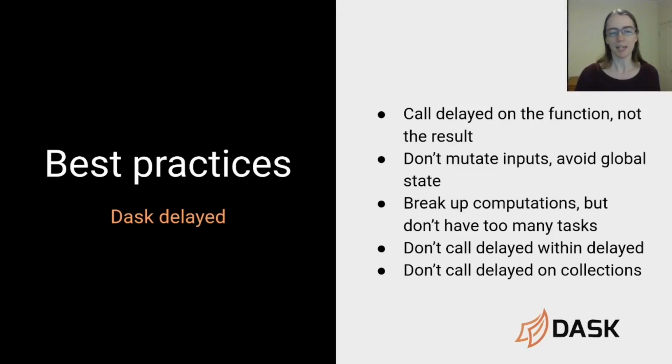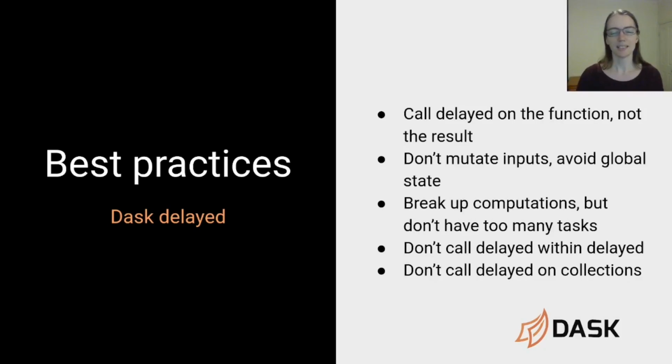You want to break up delayed computations, not bundle it all into just one. Now, the reason for that is every delayed call becomes one node in the Dask task graph. So if you want any advantage from parallelization, you have to have more than one so they can be sent off to different workers simultaneously. And on the flip side of that, you also don't want too many delayed calls, because that's bad too. Doing things with Dask always introduces some amount of overhead.